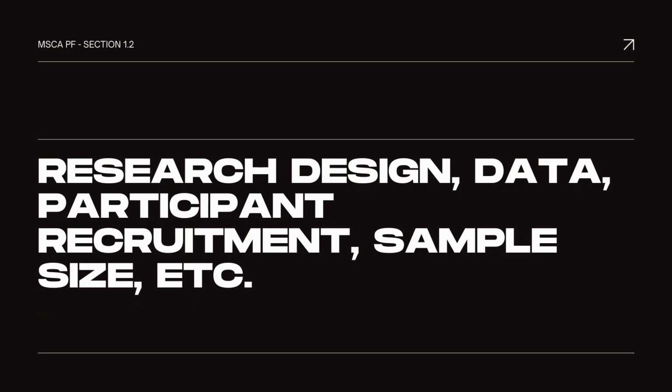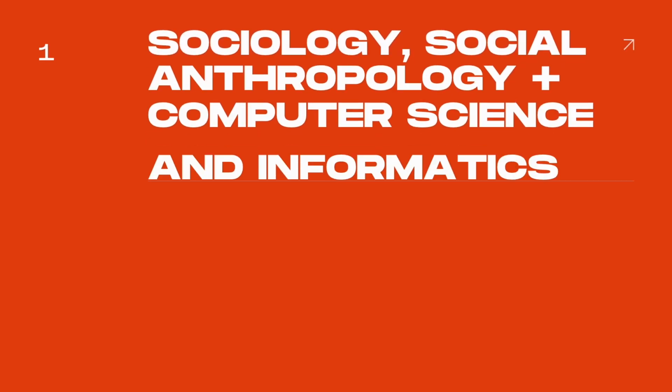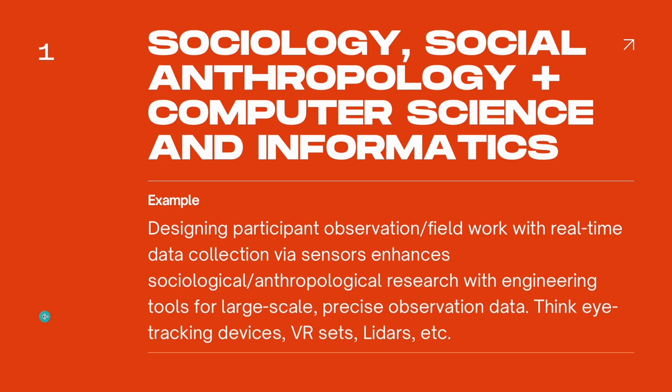When you think about innovating here, ask yourself, how can I combine traditional sampling and recruitment strategies in my discipline with some cutting-edge technologies or methodologies from other disciplines? So if I'm a social scientist, I can ask myself, can I expand beyond surveys and interviews to capture perhaps richer or even real-time behavior?